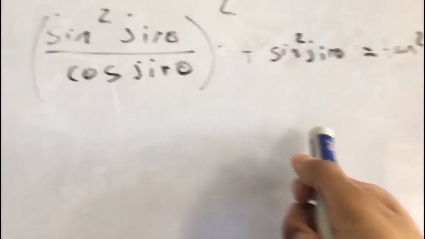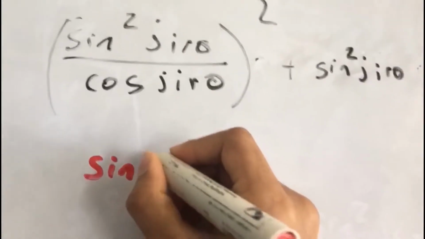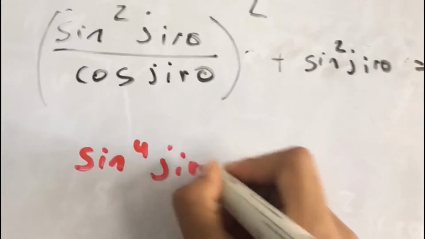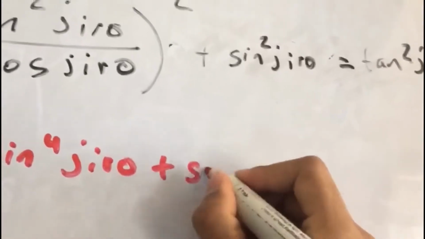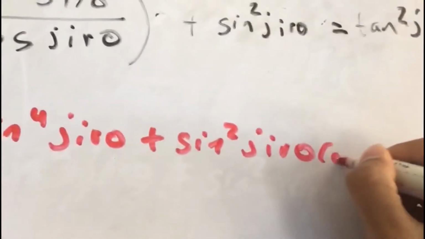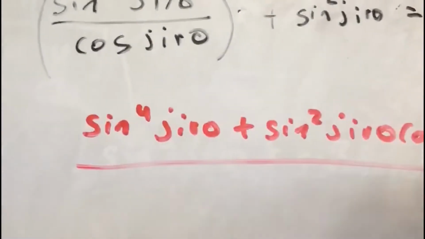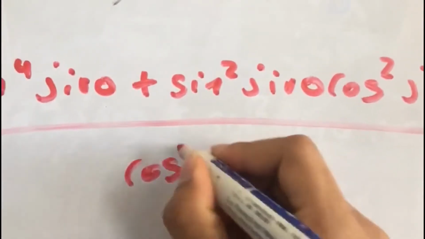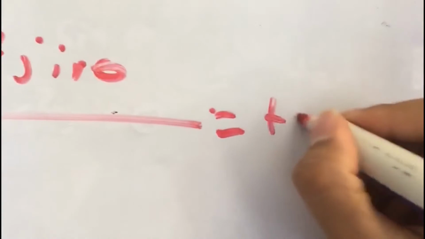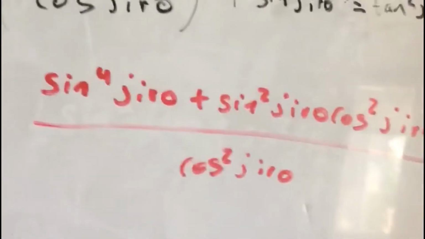So we add these terms together, which should be sin^4 Jiro plus sin squared Jiro cos squared Jiro, all divided by cos squared Jiro, equal to tan squared Jiro.